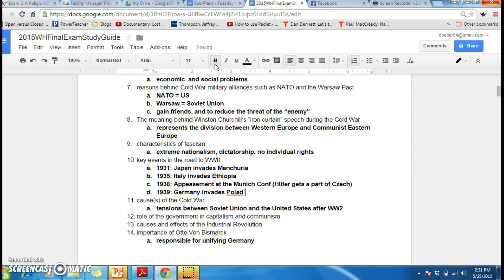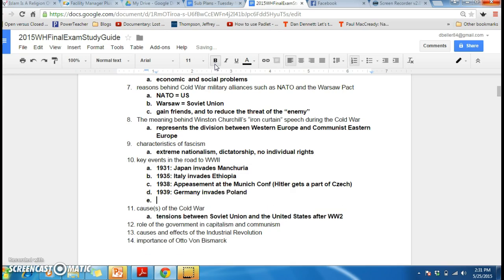What you really want to remember here is that there's a common theme or trend in all these key events on the road to World War II. You saw nations became more aggressive and imperialistic in their efforts to expand.